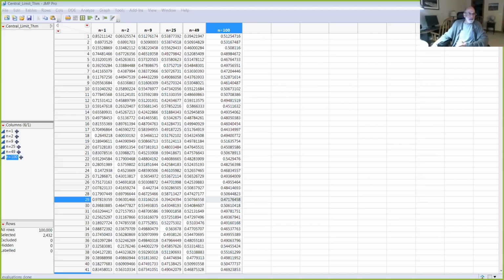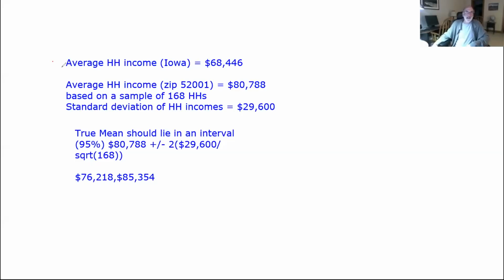So in this case, I guess I need to go back to the whiteboard. In this particular case, suppose the hypothesis we're testing is that zip code 52001 has the same average income as the rest of the state. It's no different.